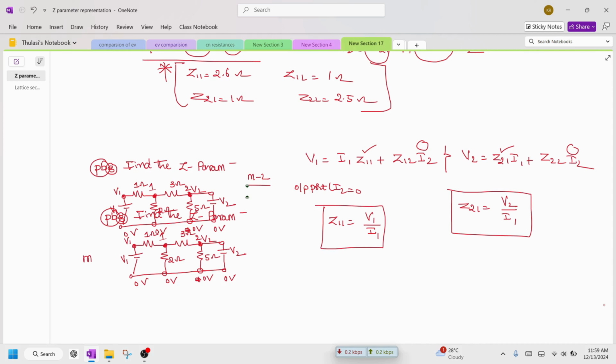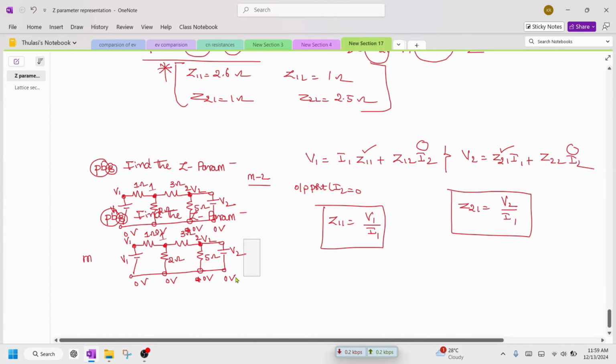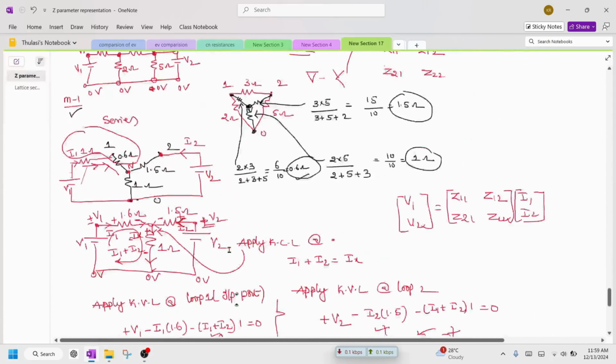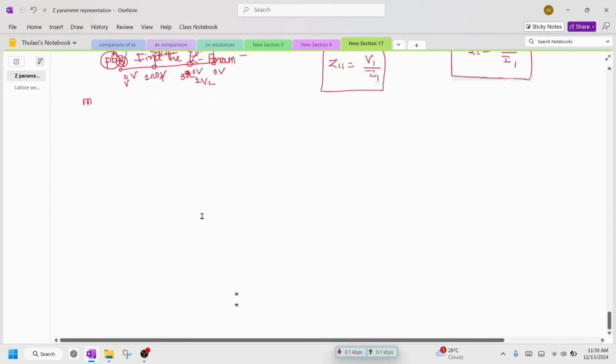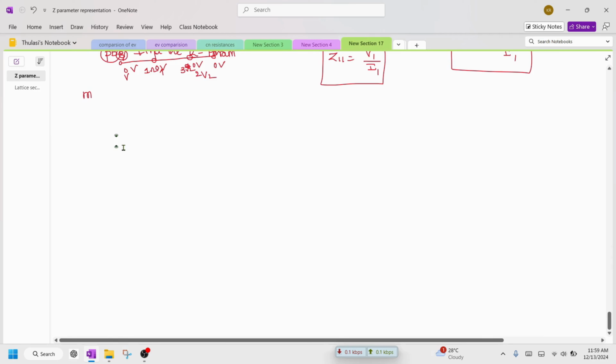When you take this network into consideration, let us try to see how to solve it. Now let us see, as per the given problem, we need to find out Z11.